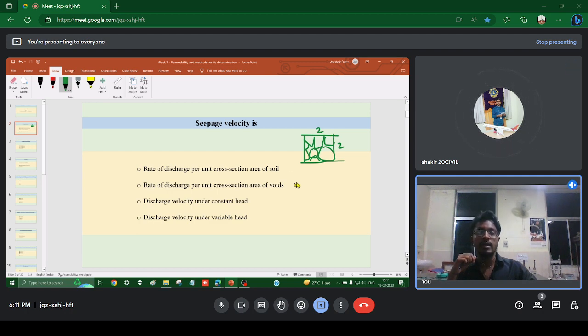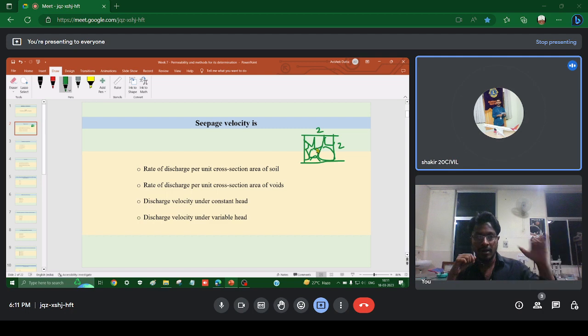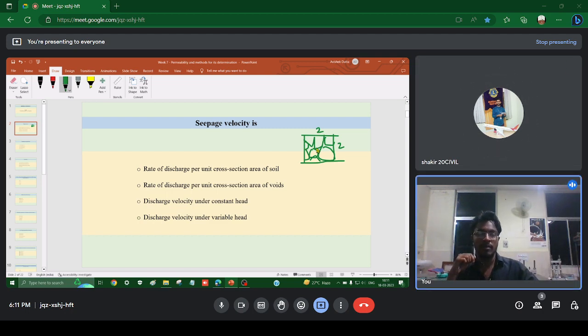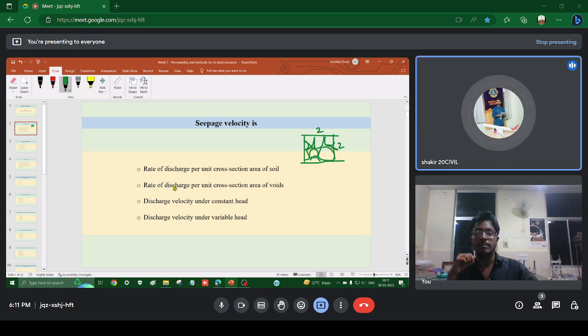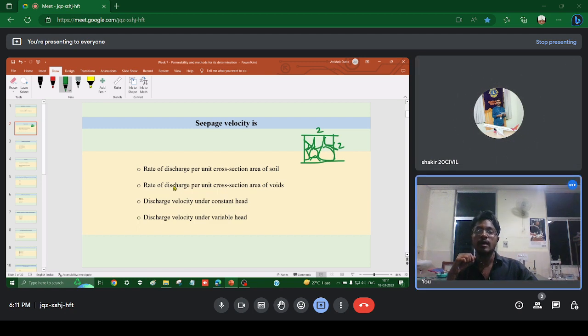But in reality, water does not pass through the solid particles, right? They pass through the voids. So that velocity through the voids is called the seepage velocity. So seepage velocity is actually the rate of discharge per unit cross-section area of voids. Good.